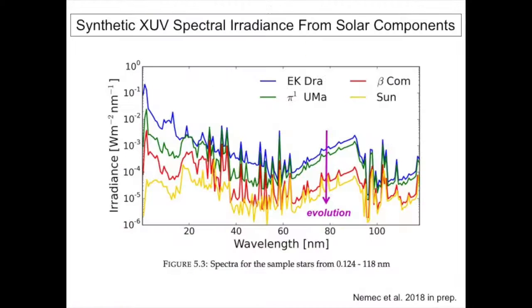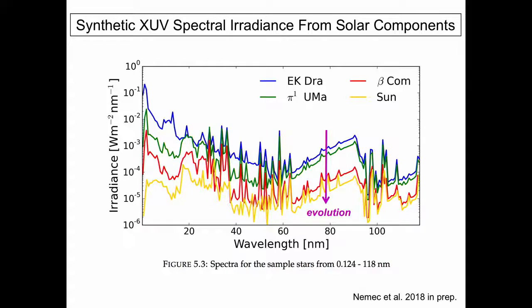And what she also did was put together synthetic XUV spectral irradiance from these solar components for a set of young solar-type stars: Kappa Ceti, Pi1 Ursae Majoris, Beta Comae, and the Sun in this case. And Kappa Ceti is a very active star, the youngest star in the sample actually.